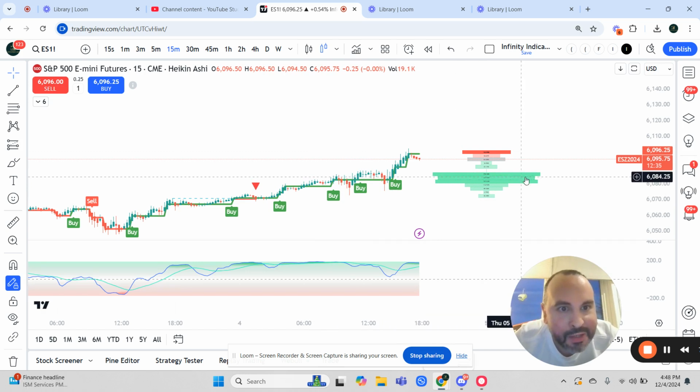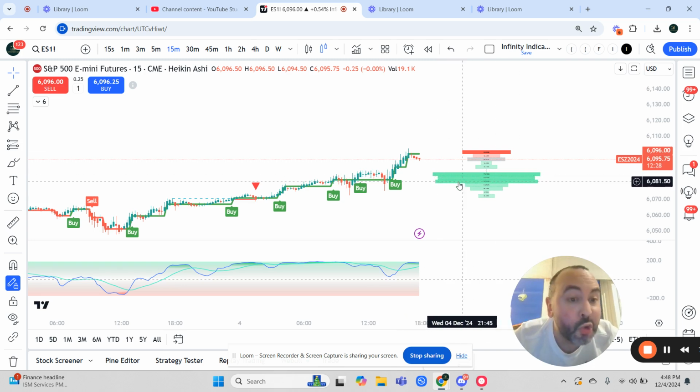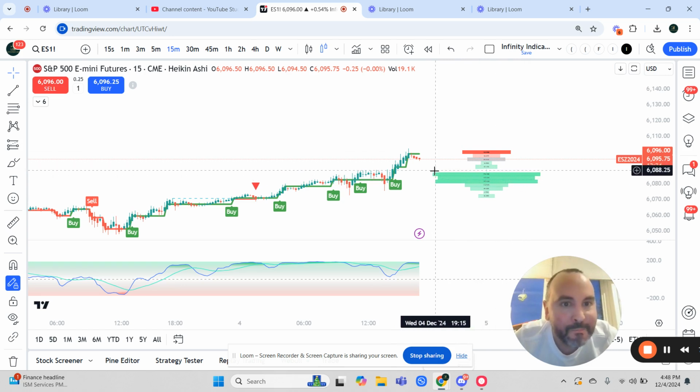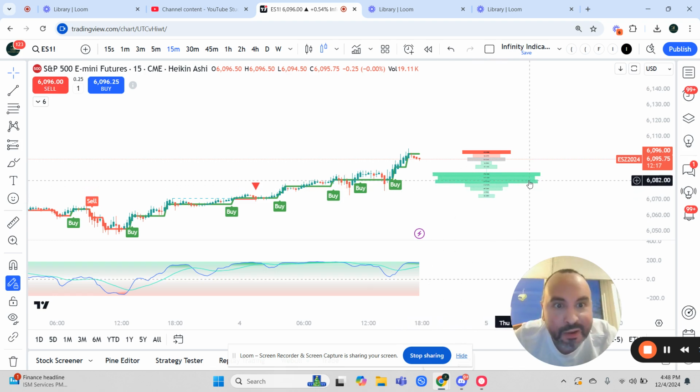When it's at its thickest, when you have thick lines, that means there's a lot of volume there, okay? So what does that mean? These are levels of support and resistance, okay? So when they're thick like this, there's a heavy level of support here.